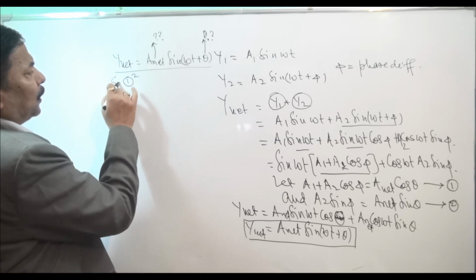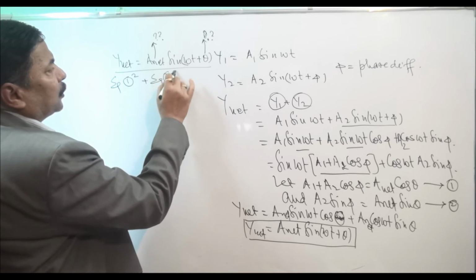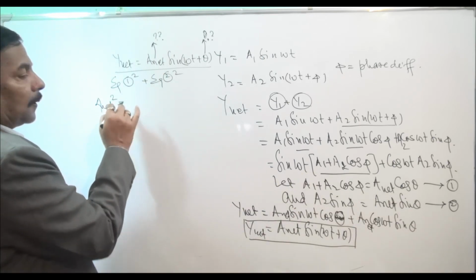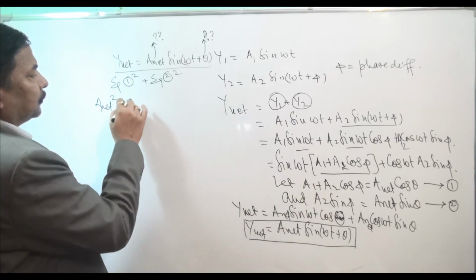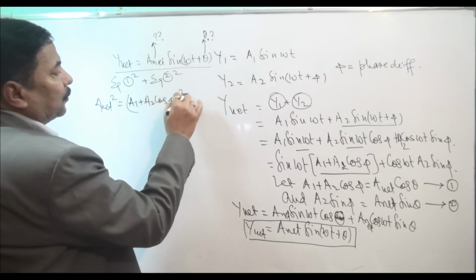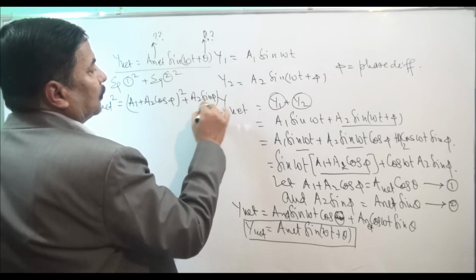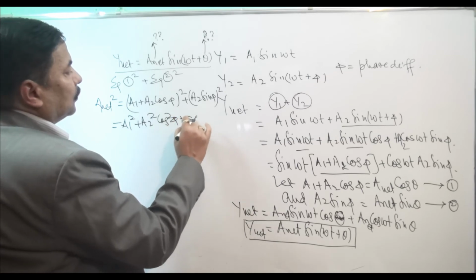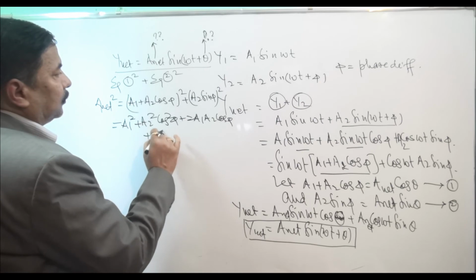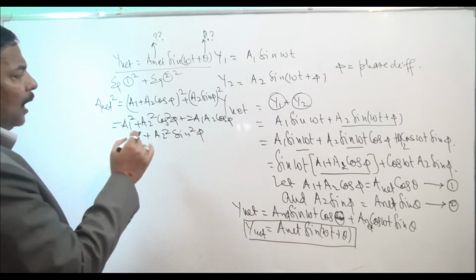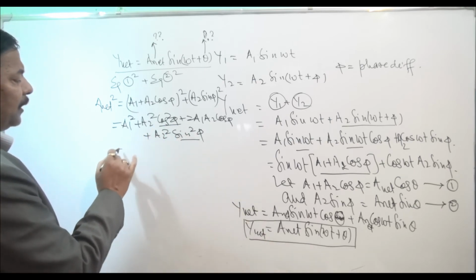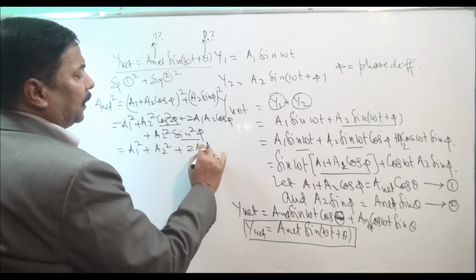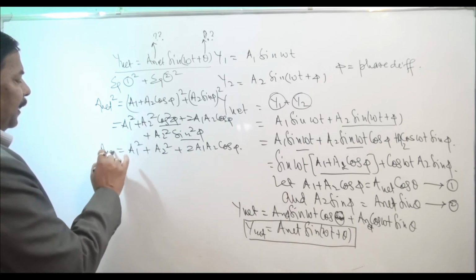So equation 1 squared plus equation 2 squared gives A net squared cos squared theta plus A net squared sin squared theta, which means we are getting A net squared on the left-hand side. On the right-hand side, A2 squared is common, so we get A1 squared plus A2 squared times sin squared phi plus cos squared phi, which is 1, plus 2 A1 A2 cos phi. This is the value of A net squared.